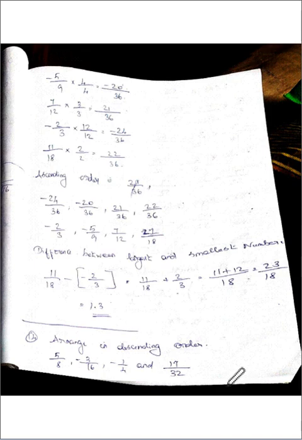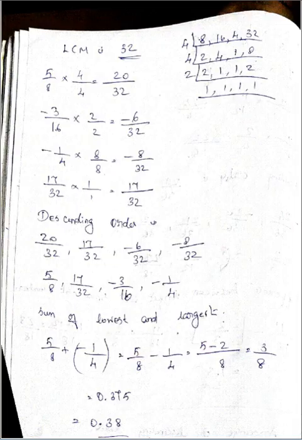Then arrange in descending order. Next sum: in the same way, first we need to take the LCM. Then we need to get the common denominator for all four numbers. Then we should write them in descending order, that is from the biggest one to the smallest one.